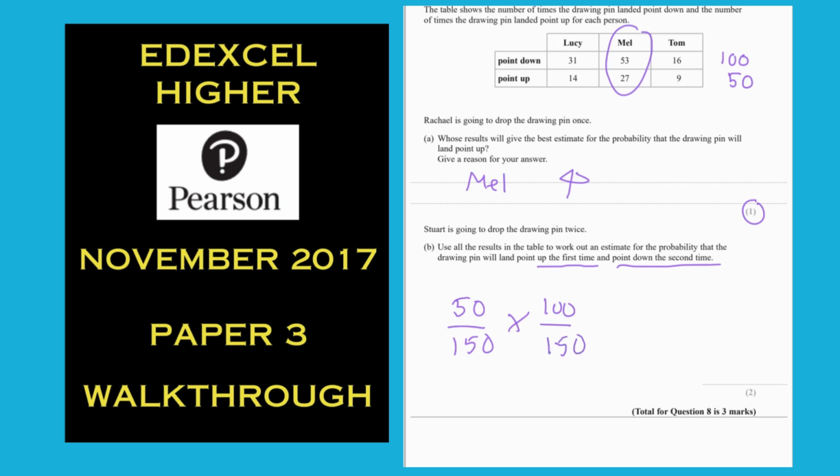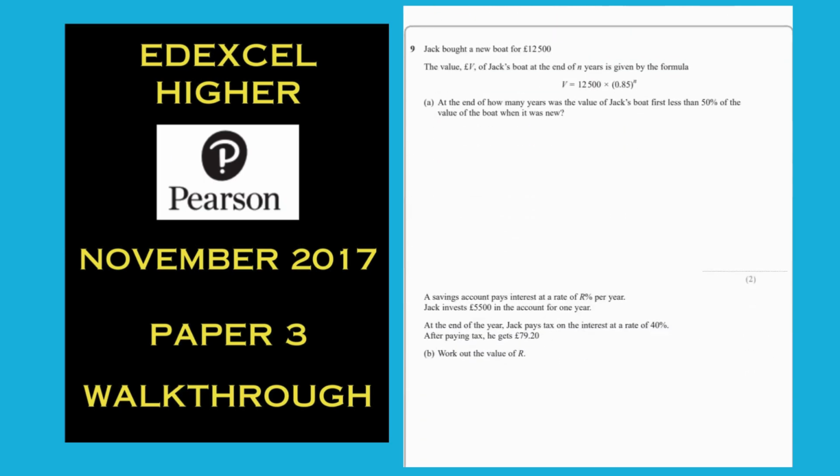Pointing down is 100 out of 150. The 150 doesn't reduce because nothing's been taken out. It's not one of them where we're picking counters out of a bag or whatever. That's also 2/3, so it can be done on a non-calc this. Because that's 1/3, that's 2/3. Top times top, bottom times bottom, 2/9 for your answer.